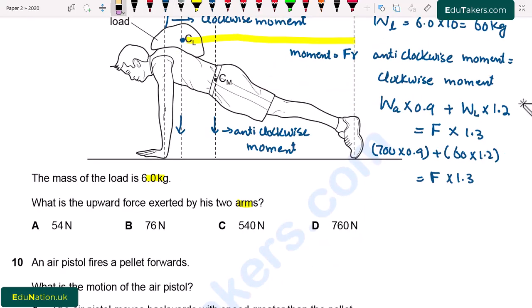So F is equal to 702, and force will be equal to 702 divided by 1.3, and it is equal to 540 Newton. So from here option C is correct.